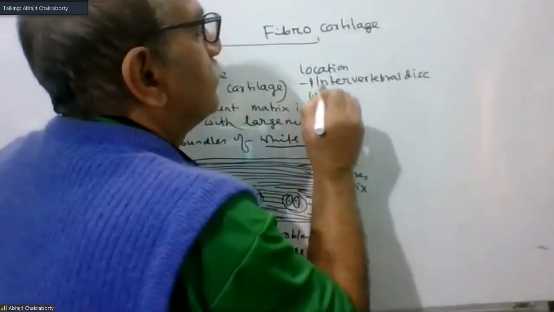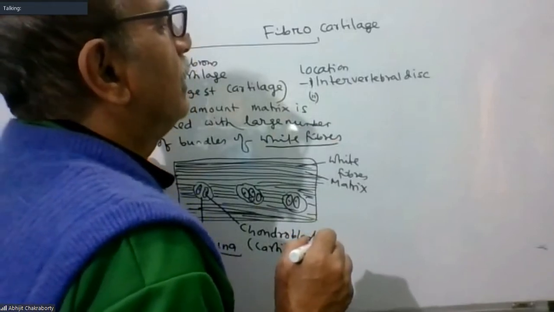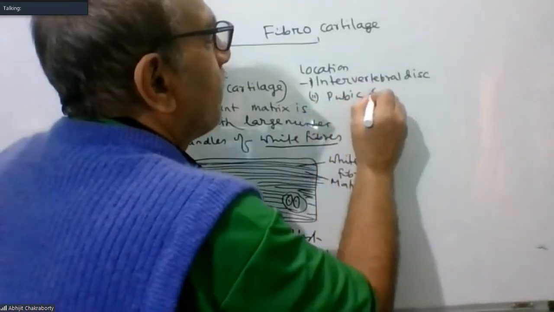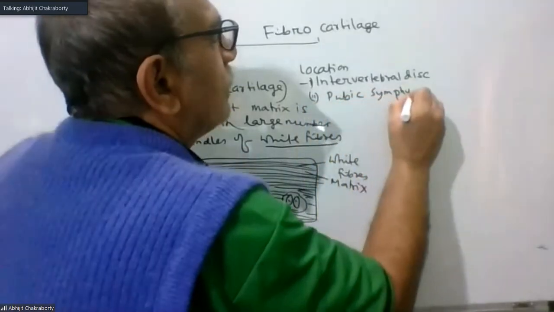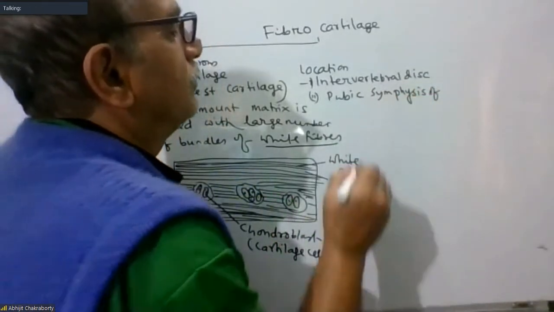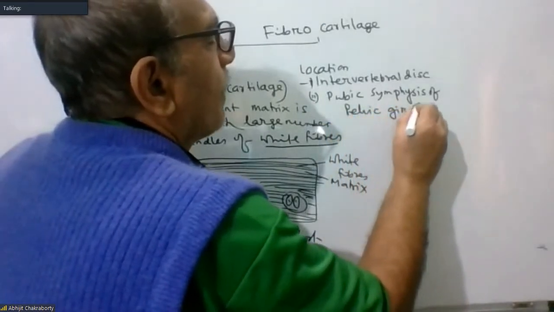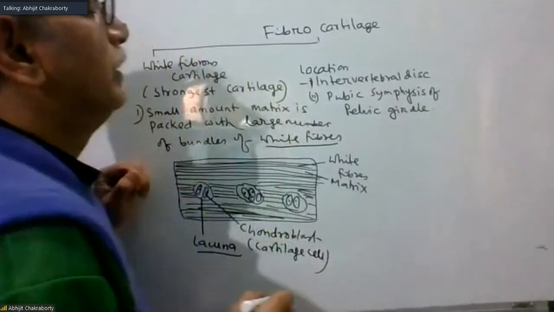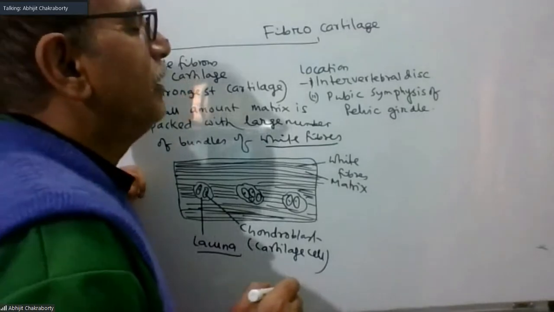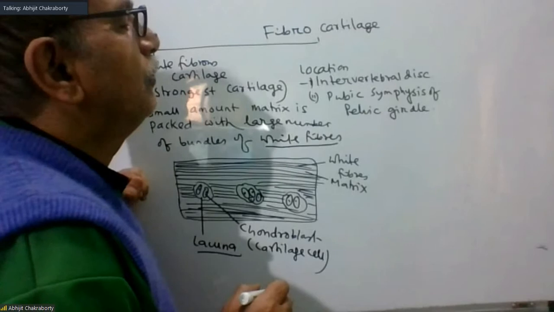Second, it is found in intervertebral discs, and it is also found in the pubic symphysis of the pelvic girdle. Intervertebral disc and pubic symphysis of pelvic girdle, that is the location.